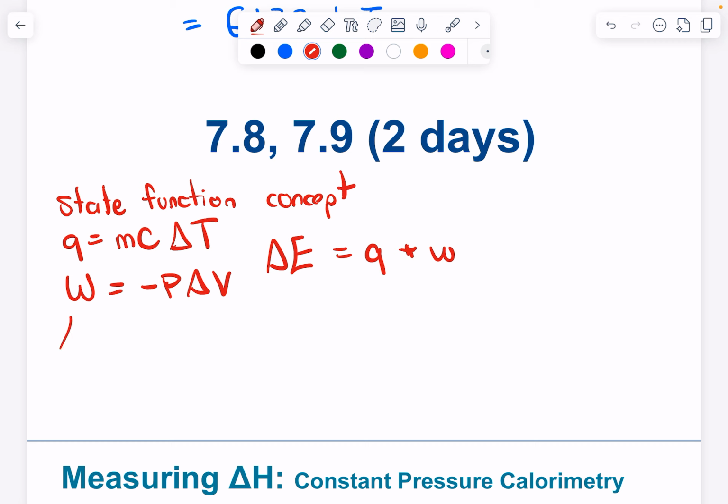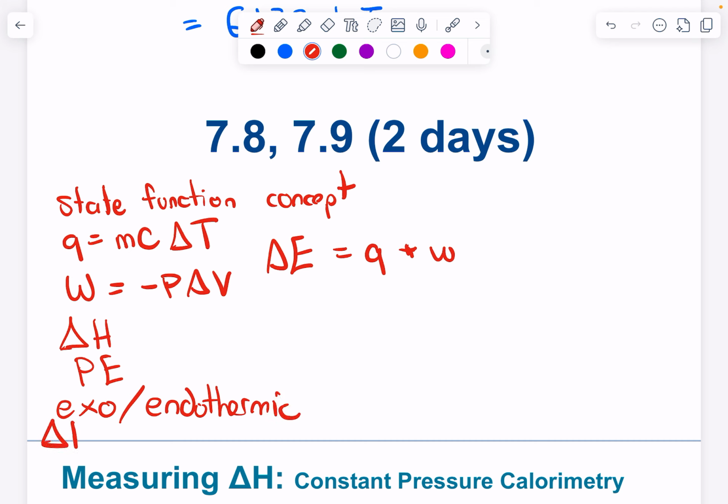Then we talked about enthalpy of a reaction, how this relates to potential energy. We talked about exo and endothermic reactions and how that relates to the sign of the enthalpy and also to the potential energy.